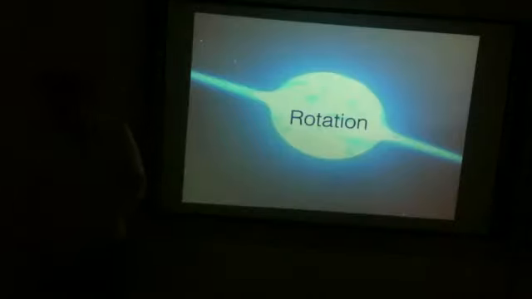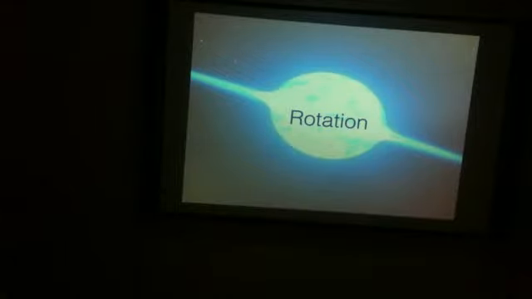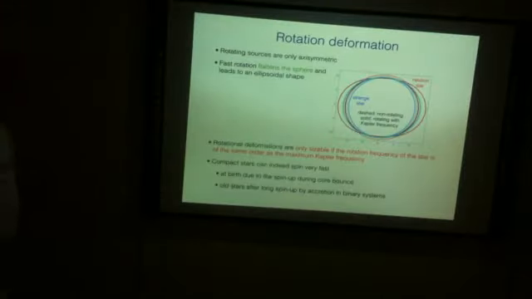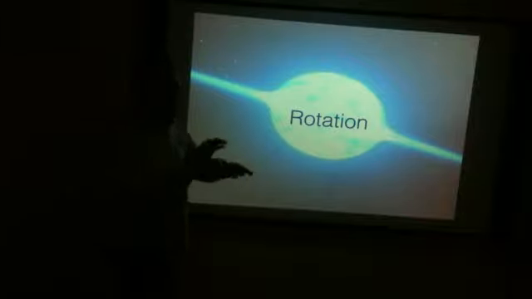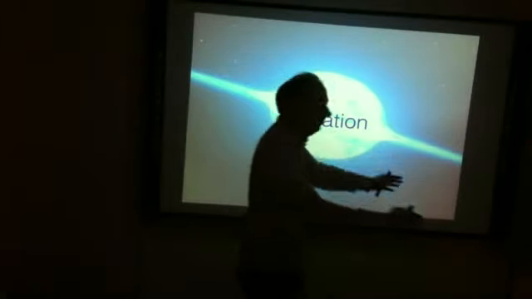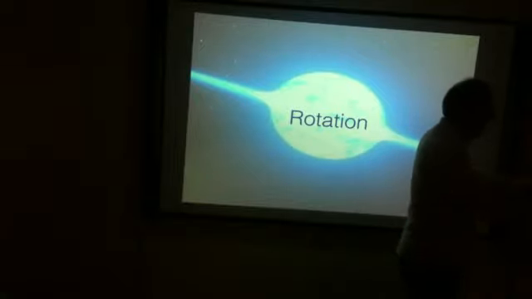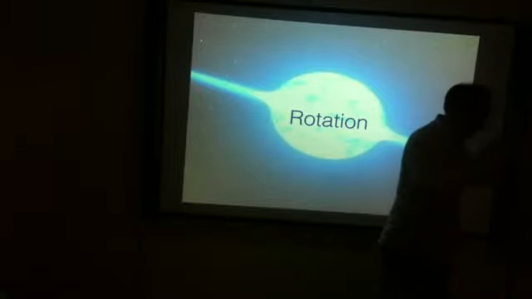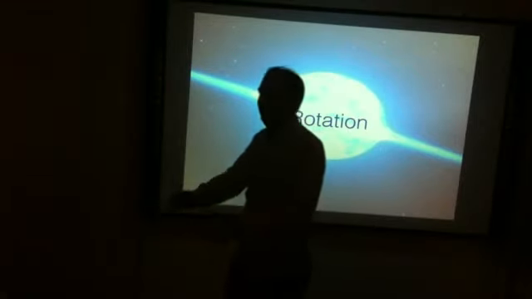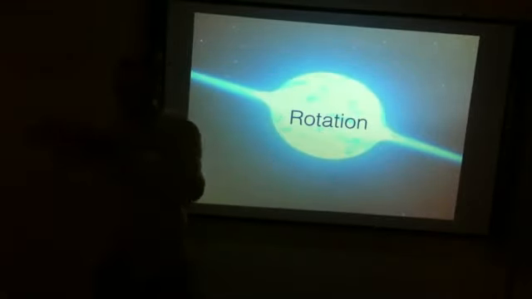Okay, so let me quickly come to rotation. So far everything was static. So far I just said, okay, what's the equilibrium configuration when I put a lot of mass in a small volume, what will gravity do, how will gravity shape it.